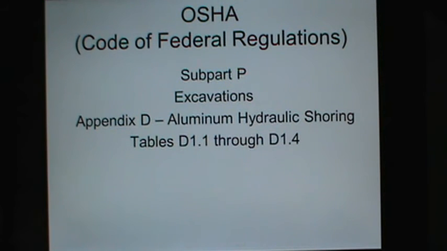Make sure that you understand table 1.1 is about vertical shores for a type A. Table 1.2 is about vertical shores for a type B. And table 1.3 is whaler systems for a type B. It's in the next page in my book, but see if you can find table 1.4. This is a whaler system for a type C.